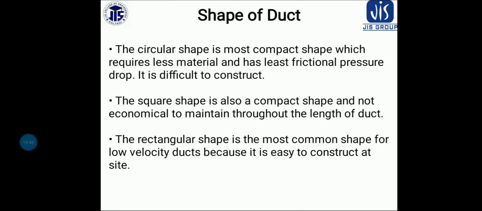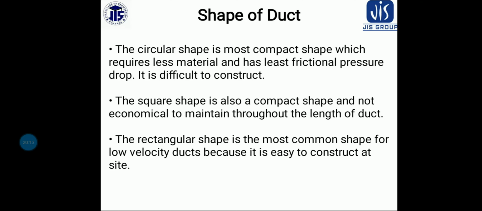The fan selected has to deliver the required quantity of air, overcoming the resistance offered by the various components. Okay, various components like the cooling coil, air washer, filter, supply and returns, air outlets, damper, etc. in the air distribution system.